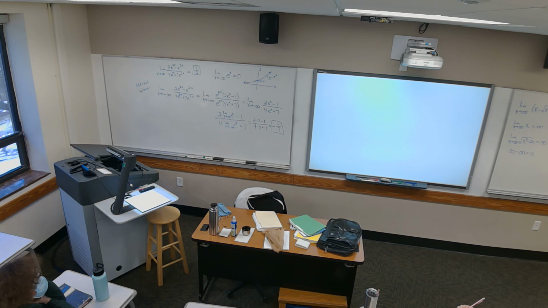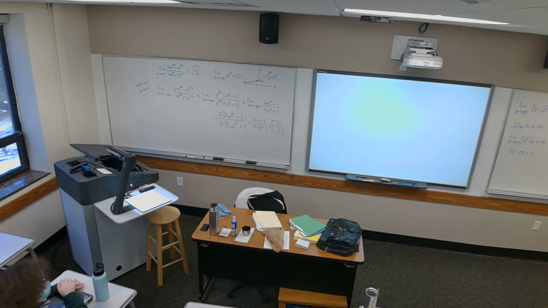It should be minus 2x. Oh, thank you. So 2x over x is 2. And then x over x is 1.